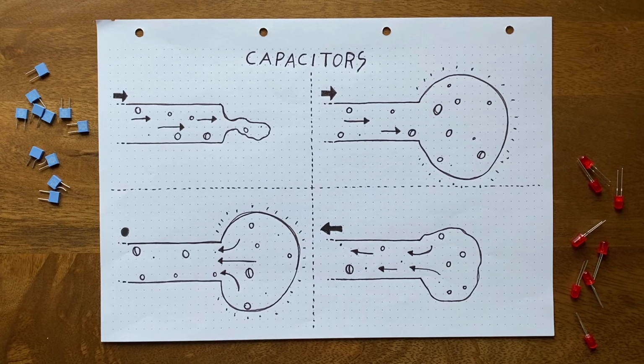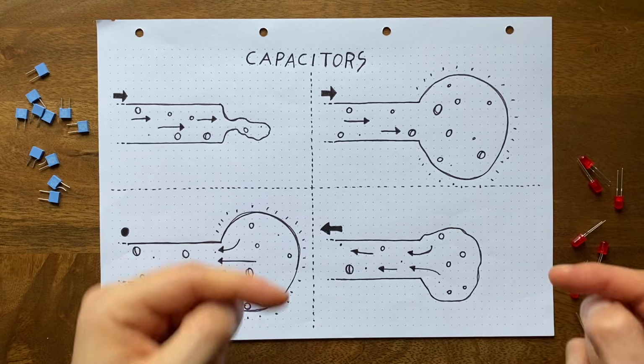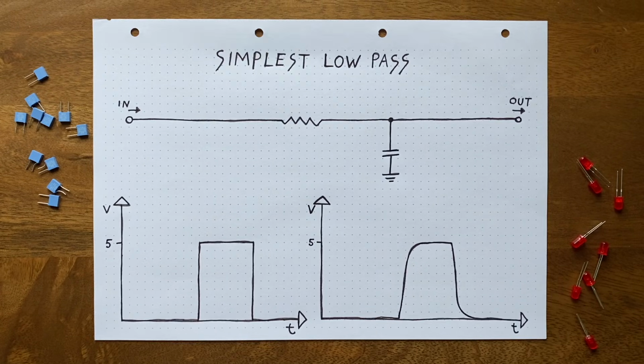But let's assume that we're staying well within specifications. Then, once the pressure at this point drops, the filled balloon will push its contents back into the pipe. As more and more water leaves, the pressure within the balloon will drop, until the two forces are once again balanced. Going back to our filter circuit, let's try and apply that model.